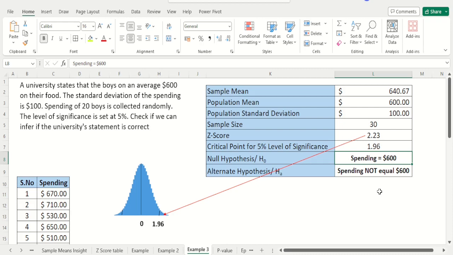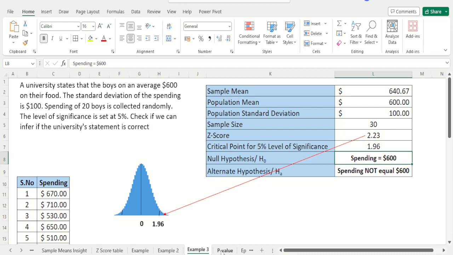Now moving on to another important concept, the concept is that of p-value. So you will often find that in hypothesis tests, people don't separately calculate the z-score, and they don't separately look at the critical point for 5% level of significance. In other words, they don't separately calculate these two and then compare if these are greater or less than each other.